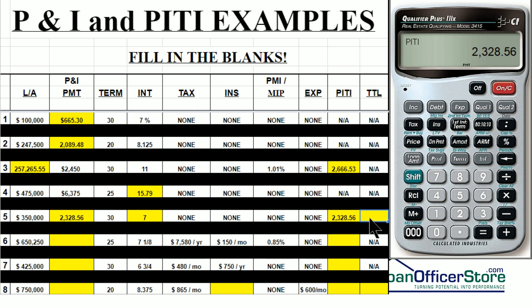And the total, like I said, on this calculator would include expenses like homeowners association dues. Again, because there's nothing added in there, when we toggle through it, it'll tell us the total payment. That means everything. And of course, that payment right there would be the same 23, 28, and 56 cents.